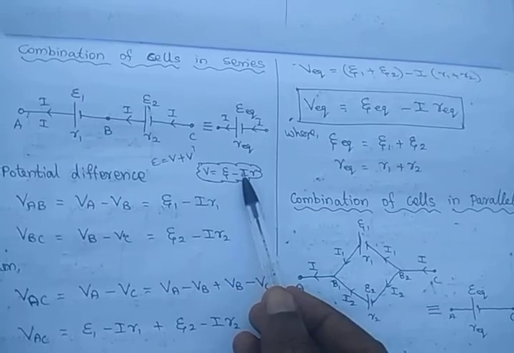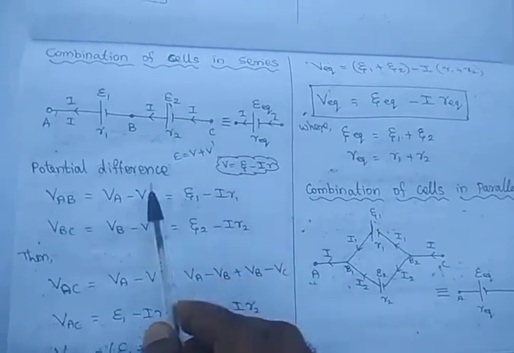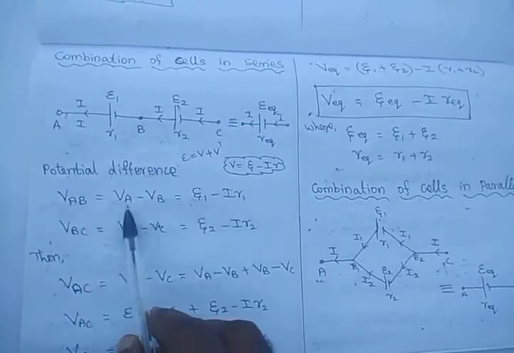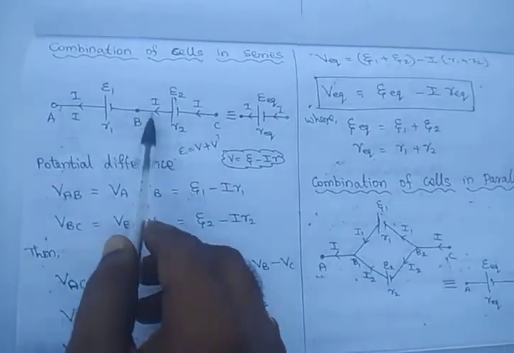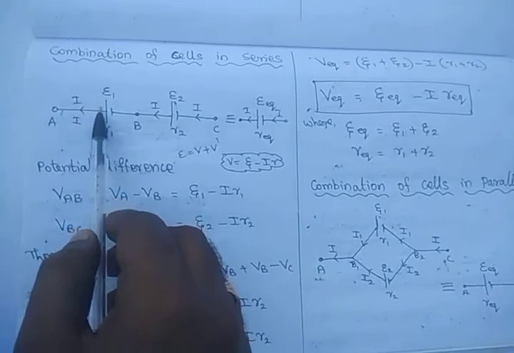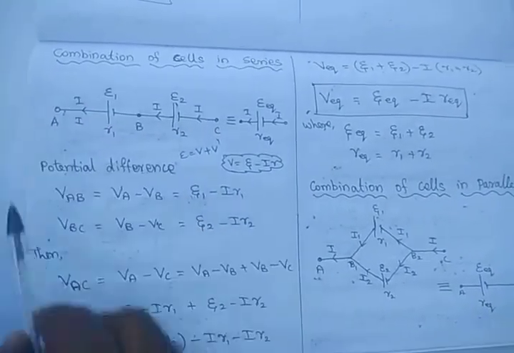IR is the internal voltage, small internal resistance into current. So we take this equation here. The potential difference between A and B, VA minus VB, is equal to E1 minus I into R1. Current always flows from the positive to the negative terminal, so it goes towards the negative terminal like this.